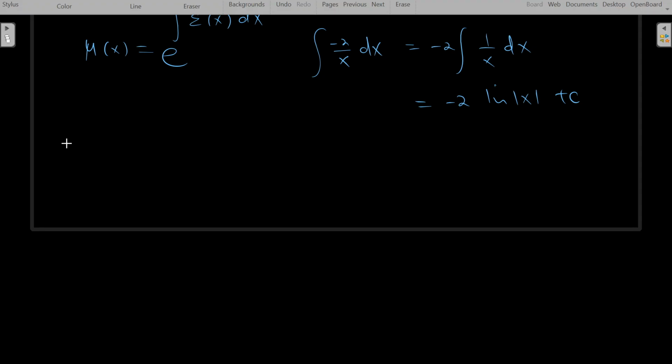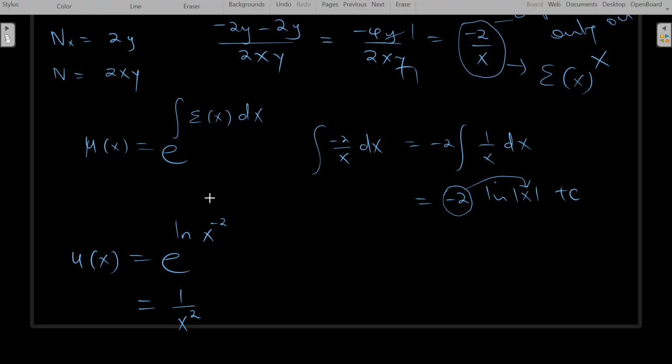Now I'll get my integrating factor as e raised to ln of x. Properties of logarithm allow me to take this -2 to be the power of x, so it's just raised to negative 2. Now e to the ln is simply 1, so this goes down to 1 over x squared.